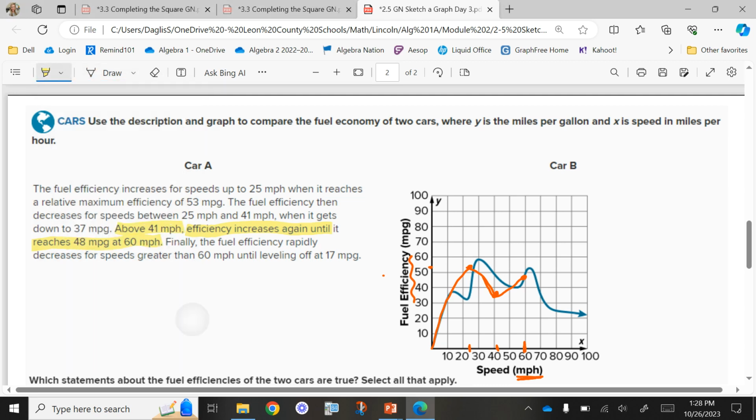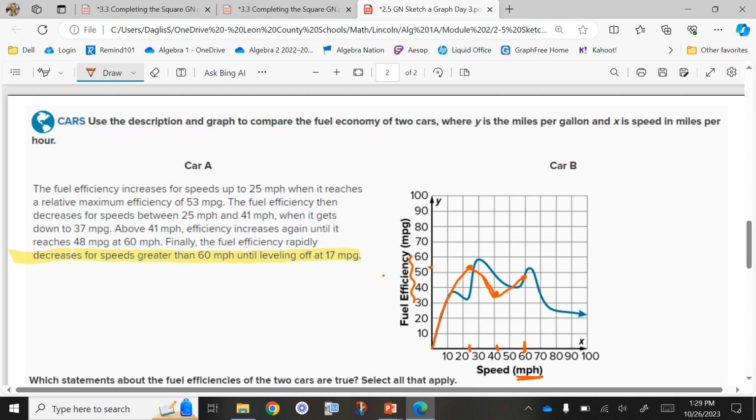All right. Here we go. Finally, the fuel efficiency rapidly decreases, so we're going down now, for speeds greater than 60 miles an hour until leveling off at 17 miles per gallon. Okay, so it's going to drastically decrease until it levels off at 17.